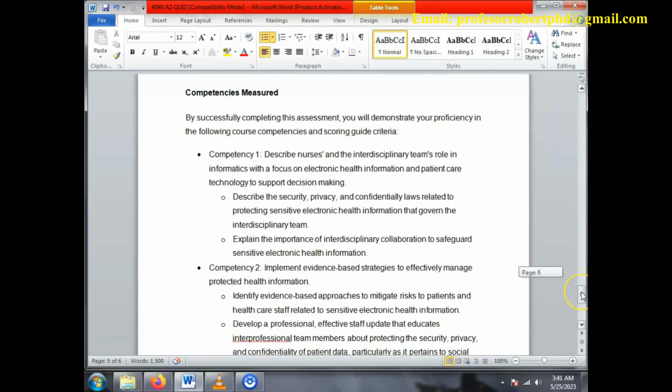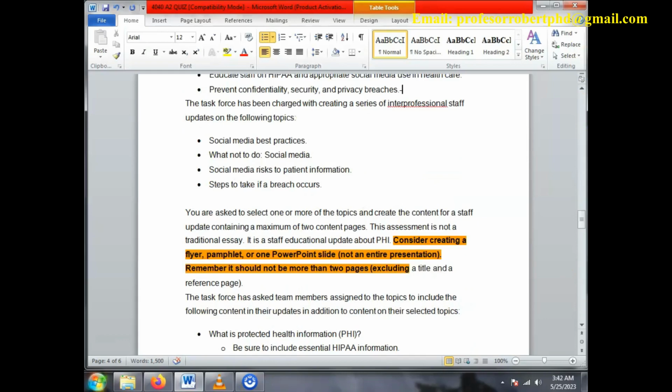Competencies measured: by successfully completing this assessment, you will demonstrate your proficiency in the following course competencies and scoring guide criteria. Competency 1. Describe nurses and the interdisciplinary team's role in informatics, with a focus on electronic health information and patient care technology, to support decision-making. Describe the security, privacy, and confidentiality laws related to protecting sensitive electronic health information that govern the interdisciplinary team.